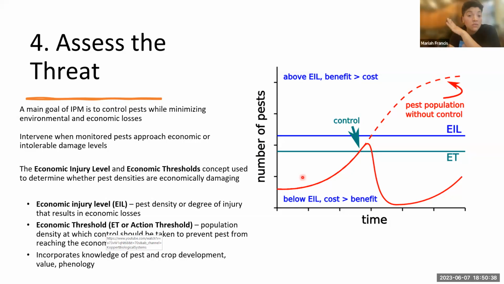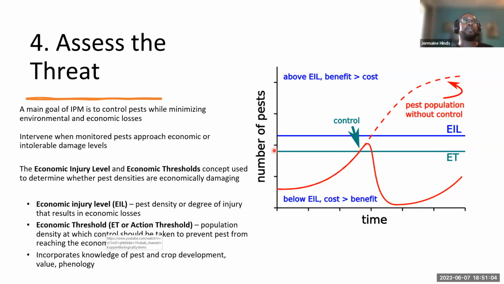Ideally, if I could have the best controls, I would want a greater margin between the EIL and the ET, which gives me more wiggle room, so to speak. You would want a greater space here because it gives your control more time to work. To raise this economic threshold, you can use cultural practices.